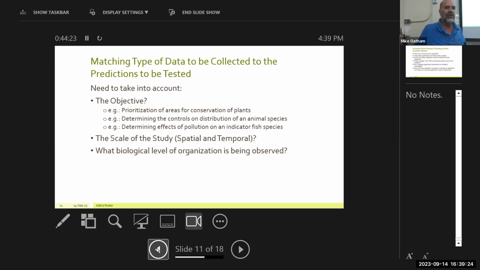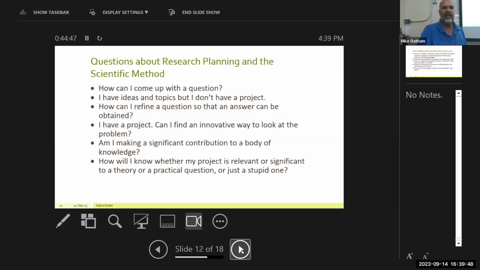We may need to look at that community and decide what a minimum area is so that we get all the different species of trees or birds or whatever within that community, okay? So whatever the methods are, it's going to influence how we collect that data.